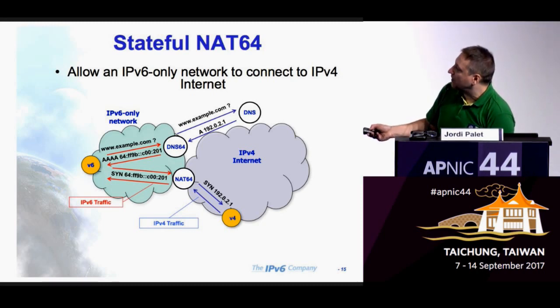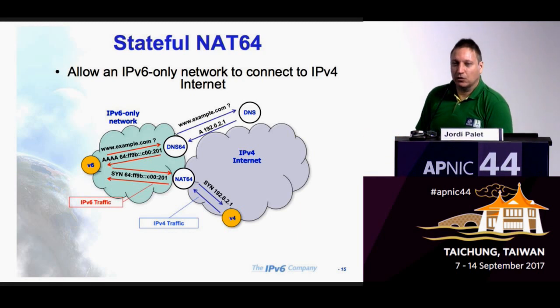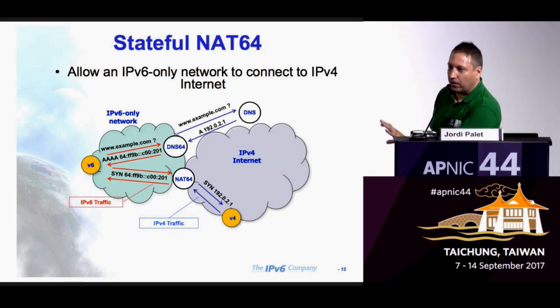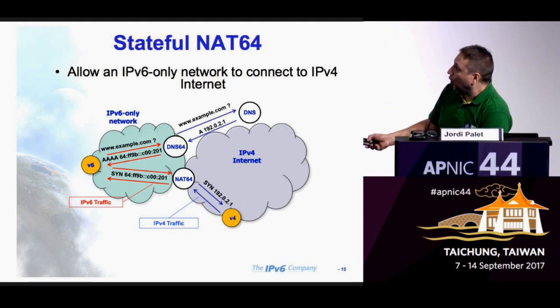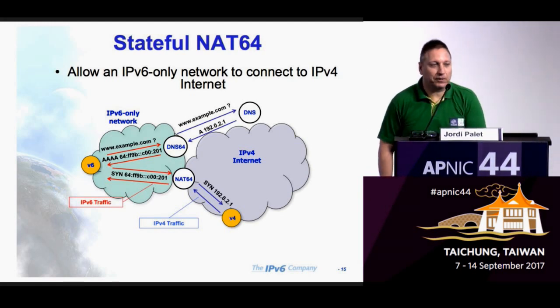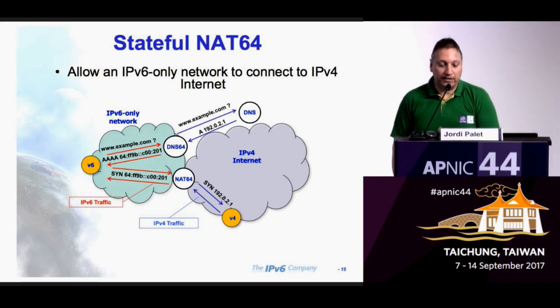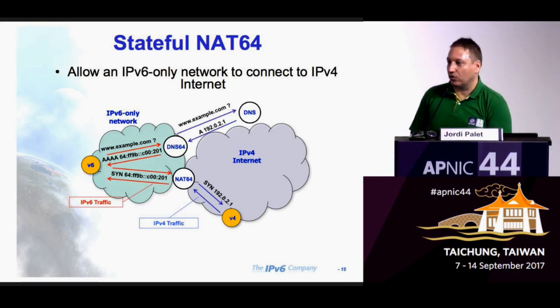So if you look, the hexadecimal of 192.0.2.1 is the same that I have embedded here, okay? So it's just the IPv6 well-known prefix followed by the hexadecimal of the IPv4 address. So then once it has a quad A record, it can go through the NAT64, which will convert the packets from IPv4 to IPv6 and vice versa, okay? That's the way a stateful NAT64 works, okay?